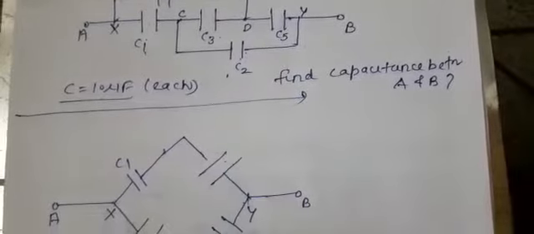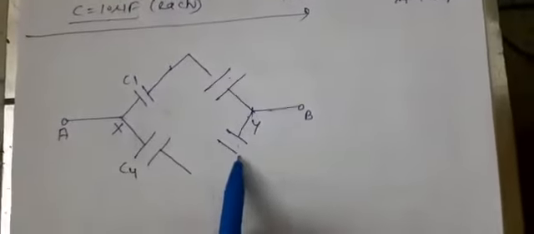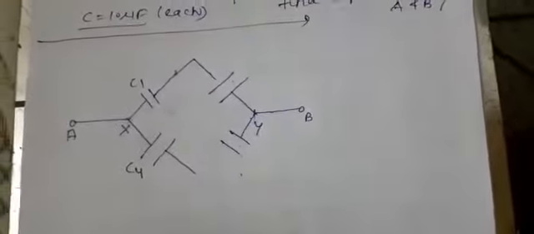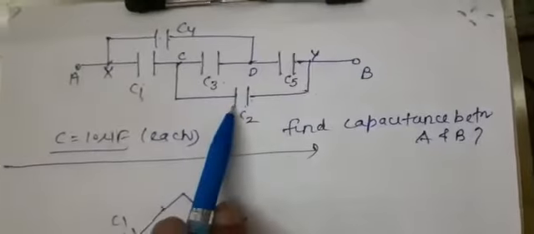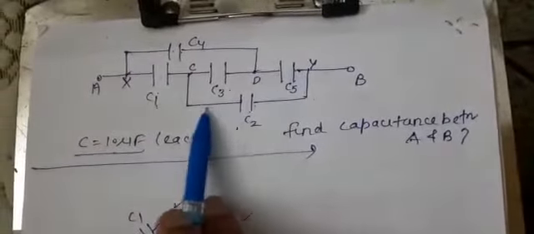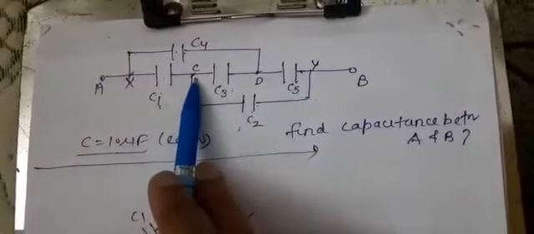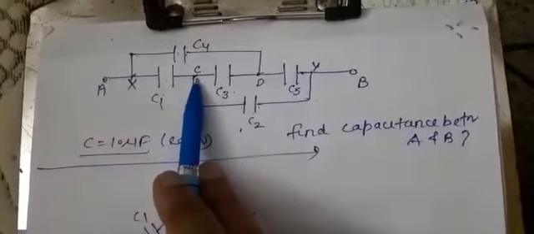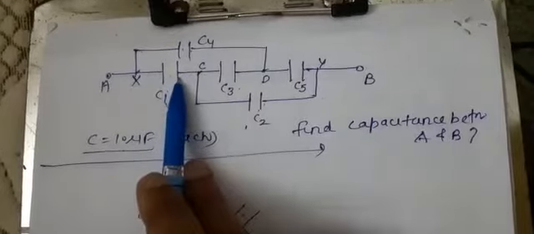So either of these two is C2 or C5. As for C2, one plate of C2 is connected to Y. So the other plate of C2 is connected to point C, which is common to the second plate of C1.